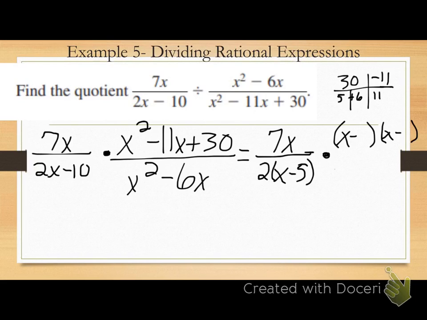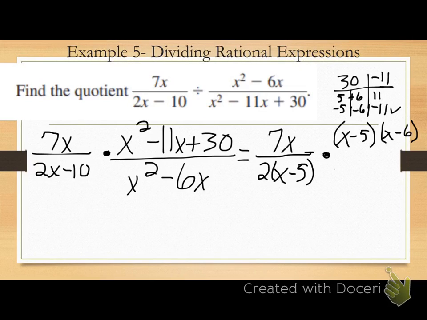Are those the two numbers I want? Not quite. Negative 5 and negative 6. What's negative 5 plus negative 6? Negative 11. Are those the two we want? Yes, they are. Does it matter what order I put them in? No. They both have the same sign. So it does not matter which order I put them in. So I'm going to put x minus 5, x minus 6.